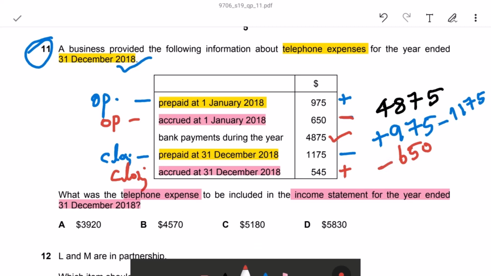Deduct 650, add closing accrued 545. What is the amount? We get the amount 4570. So the correct answer is B.